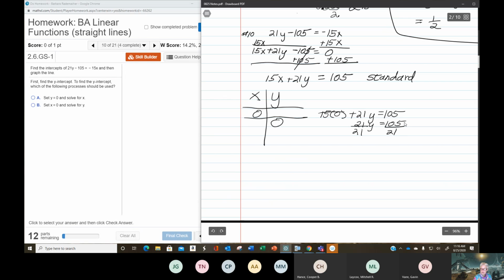And 21 goes into 105 5 times. y equals 5. When x is 0, the number is on the y-axis, so this is the y-intercept, the point (0, 5).